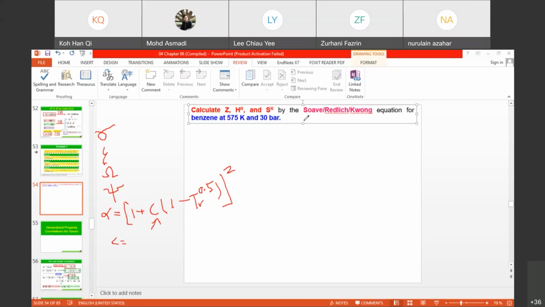So c equals 0.480 plus 1.574 omega minus 0.176 omega squared.